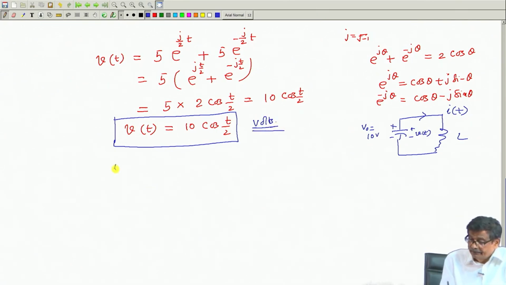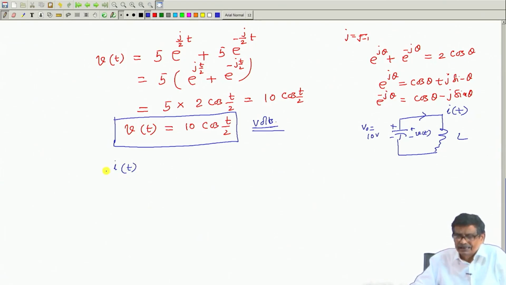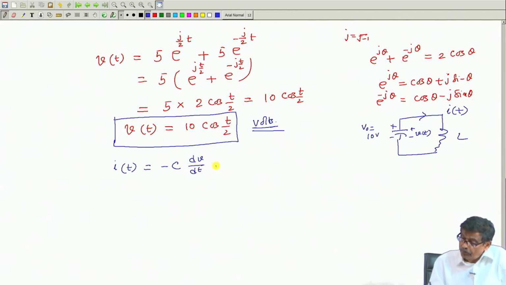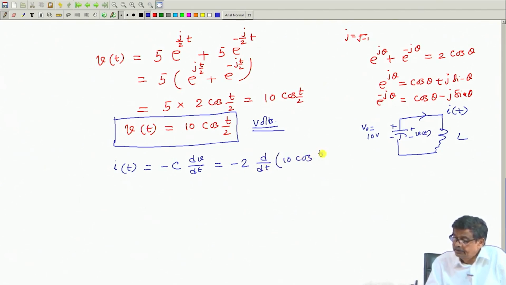What will be the current? One can form a differential equation involving current and solve it. That I am not going to do, because once I have got the time domain expression for the capacitor voltage, I t, I know, is equal to minus C dV/dt. That is what I got. So, minus C, with capacitance C which I have assumed to be 2, and d/dt of 10 cosine t by 2, which if you differentiate cosine t, negative will come, and this negative will make it plus.